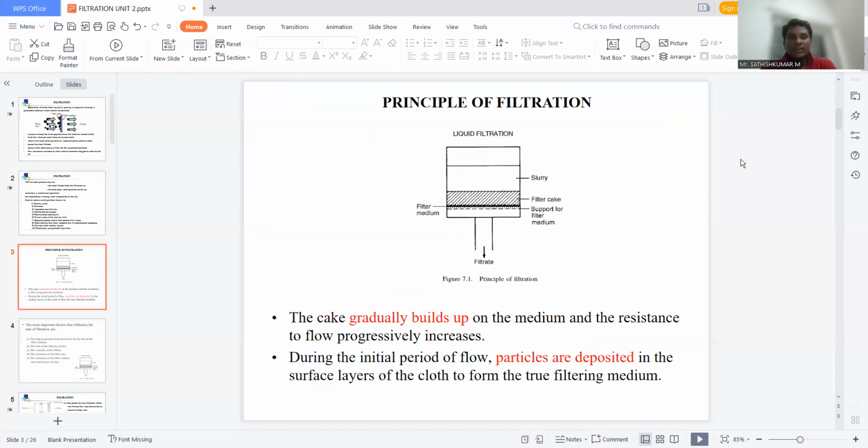The principle of filtration: the cake gradually builds up on the medium, and the resistance to flow progressively increases. During the initial period of flow, particles are deposited in the surface layers of the cloth to form the true filtering medium.